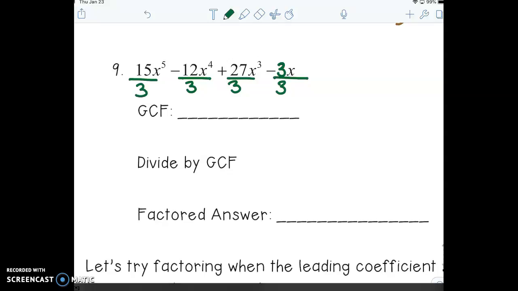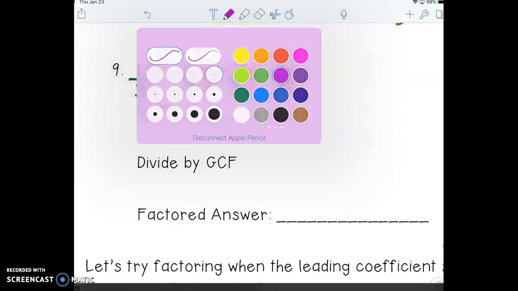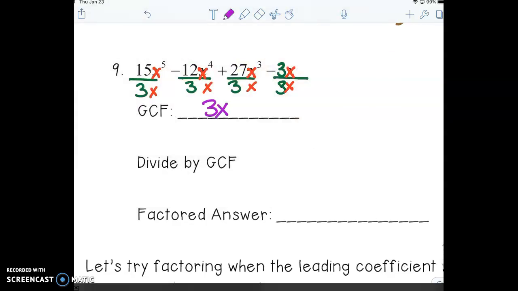So that works. They all have x's. Some of them have more x's than others, but they all have x's. So my GCF is 3x. That's going to be a part of my factored answer.